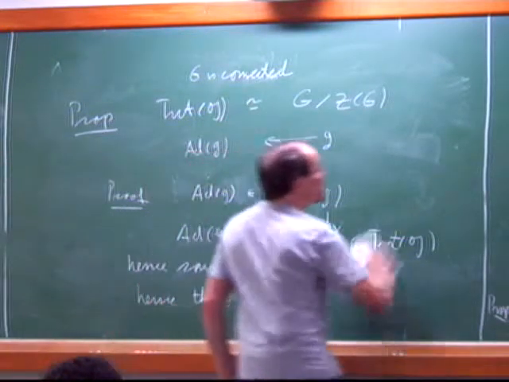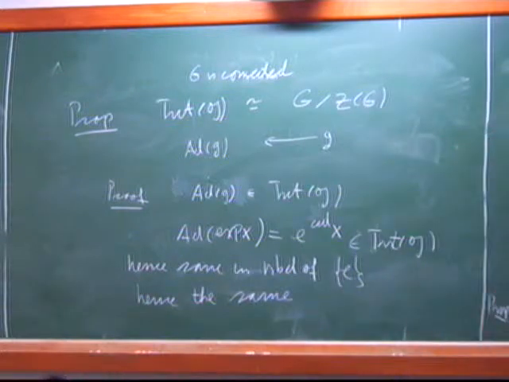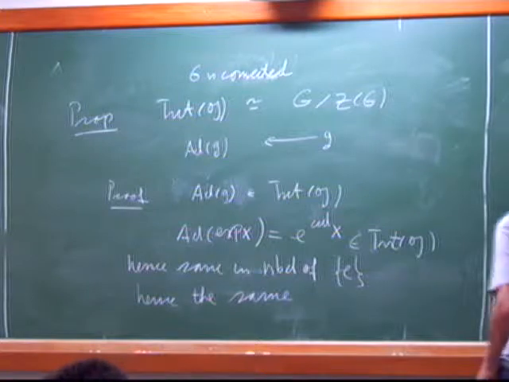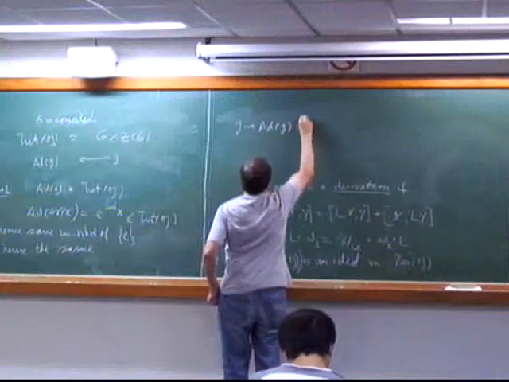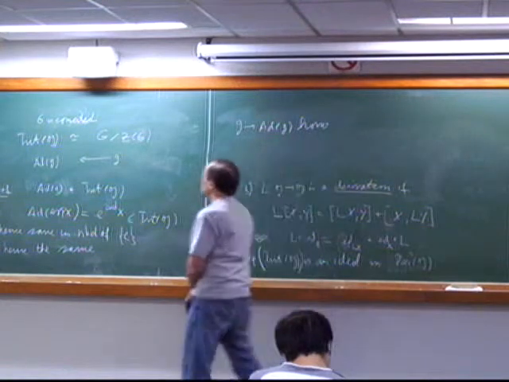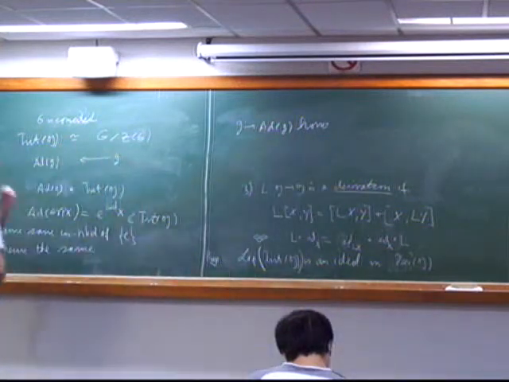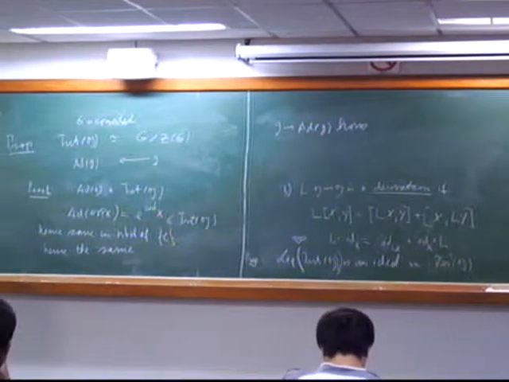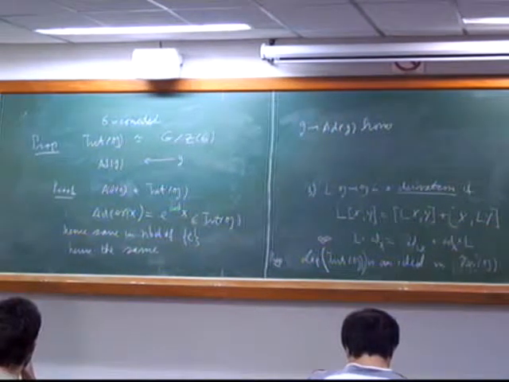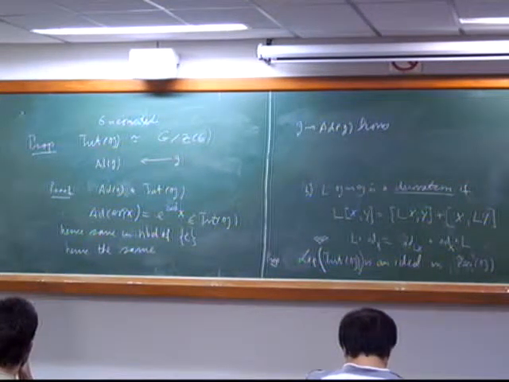Well, so we also know that g goes to Ad g is a homomorphism. Right, so this here is a homomorphism of Lie groups. And now I just have, maybe let's just say it like this.